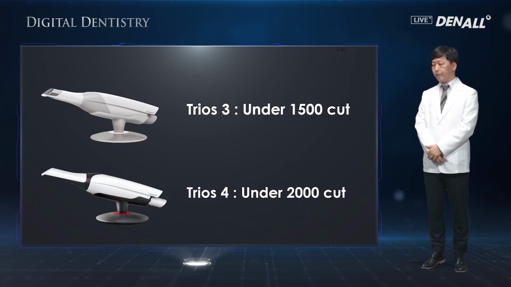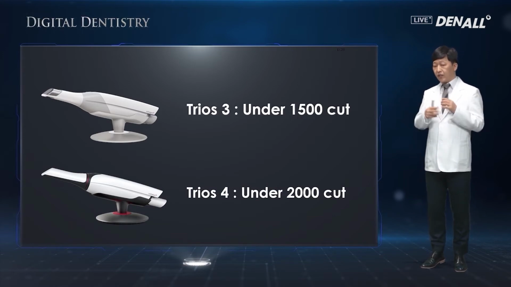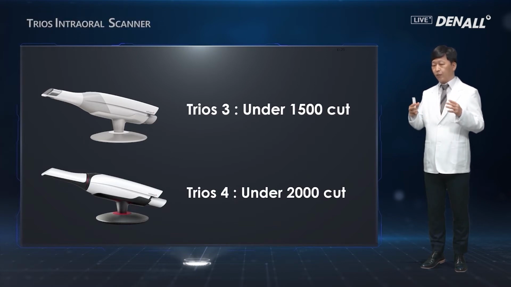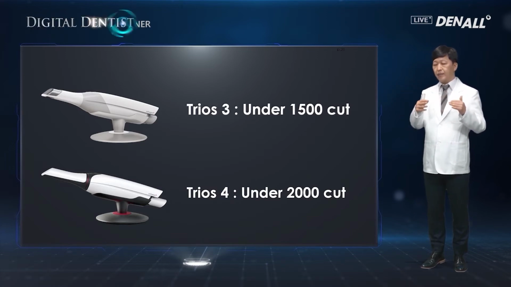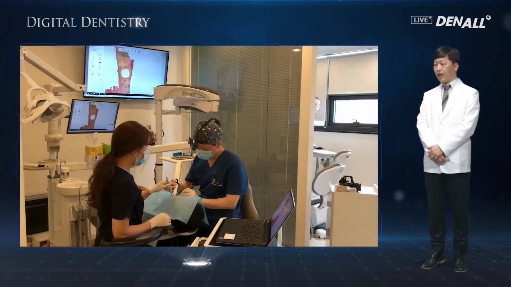However, with Trios 4, if the cuts increase to more than 2000, a warning will appear. Scanning is still made, but the data is voluminous, taking a lot of time for rendering and giving a burden to the computer. So Trios 4 is for cuts under 2000, and Trios 3 for cuts under 1500.